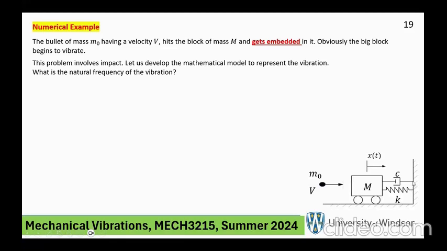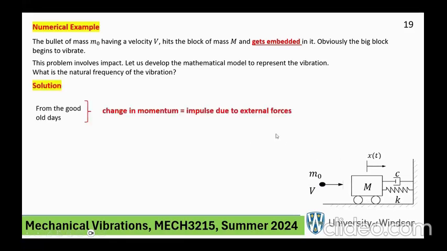Well, these reaction forces, at that instant, are not external. So this is basically a conservation of momentum problem. Momentum is conserved during the time that this initially gets embedded and vibration begins to take place. There is no external force.